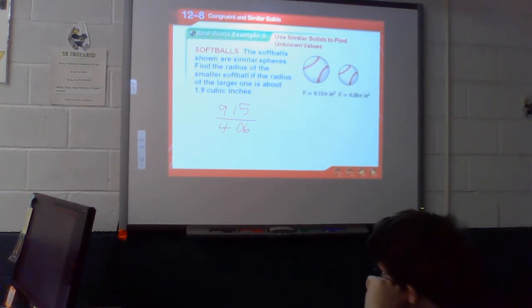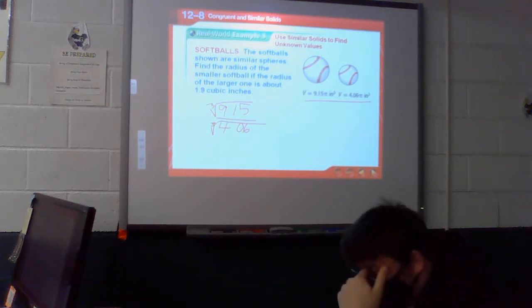Okay, so this scale factor right here is the scale factor of my volumes. So what does that mean? That both of these numbers have to be done, or has to be done to both of those numbers to get back to my scale factor. I got to take the what? The cube root. So now, punch this in and try it out. The cube root of that number right there, and the cube root of that number right there.